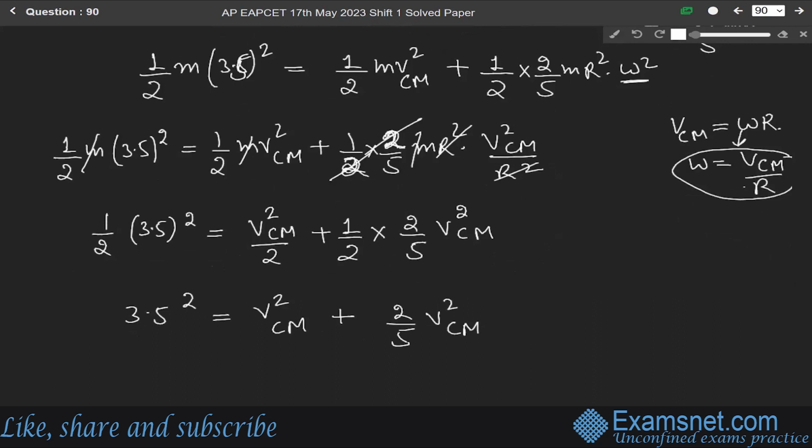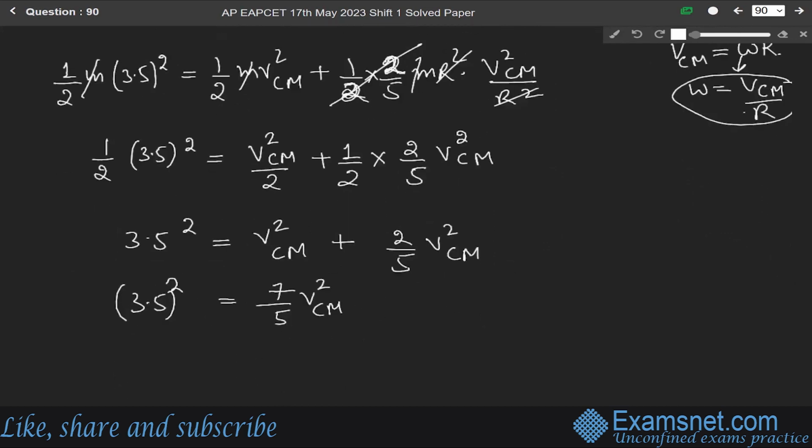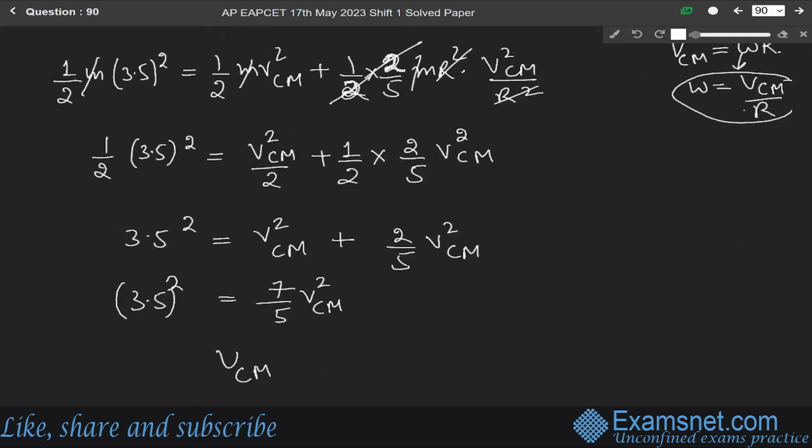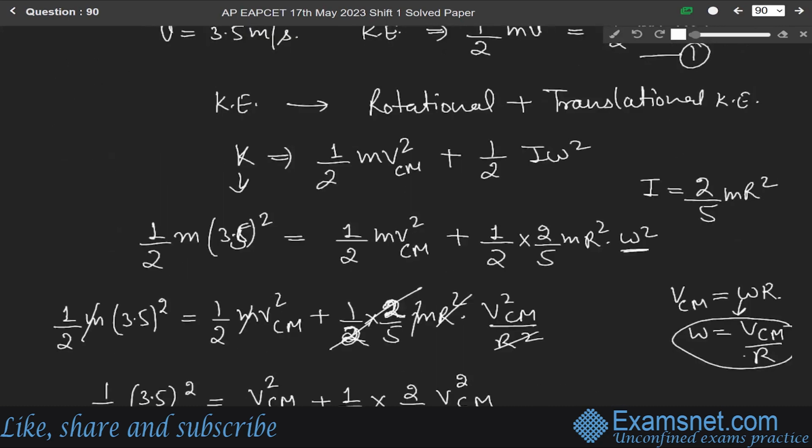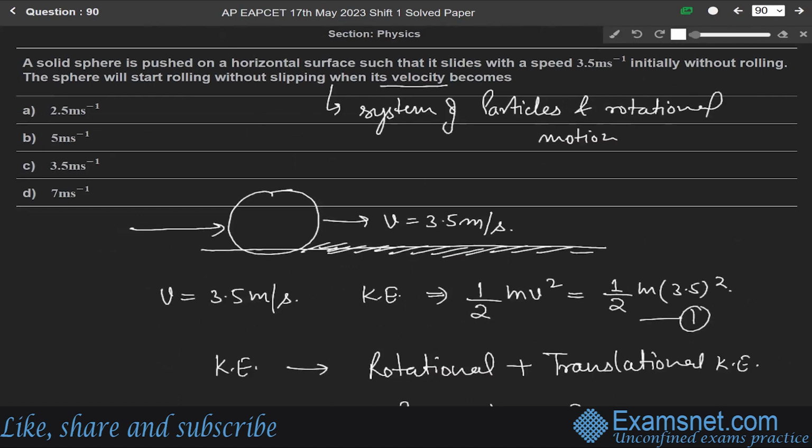So 3.5 square will be equal to 7 by 5 v square. From here v will be equal to 3.5 under root of 5 by 7. Solving it, we get 2.96 meter per second. So the velocity will be 2.96 meter per second, which means the correct answer is option A.